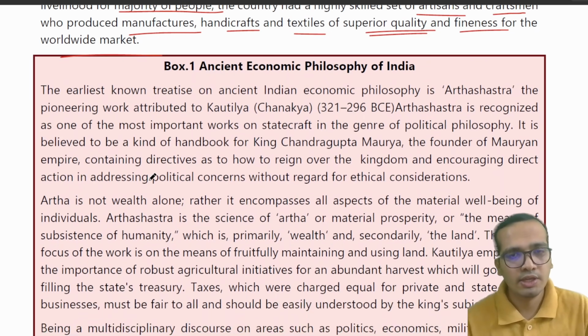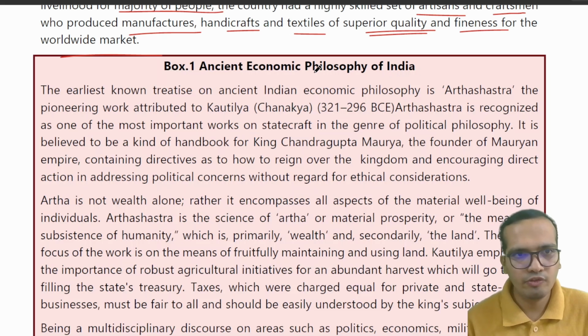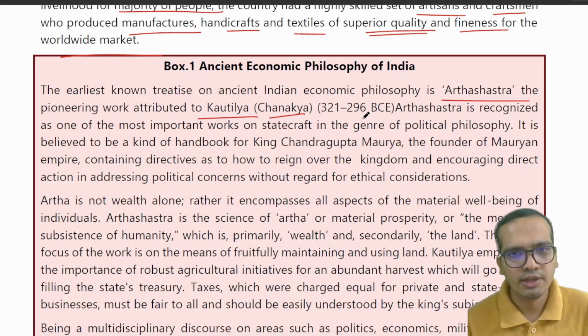Here is Box 1: Ancient economic philosophy of India. The earliest known treatise on ancient economic philosophy is the Arthashastra, the pioneering work attributed to Kautilya, Chanakya, that is 321 to 296 BCE. Arthashastra is recognized as one of the most important works on statecraft in the genre of political philosophy.